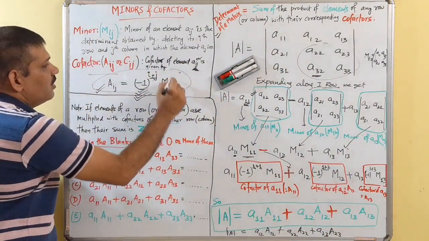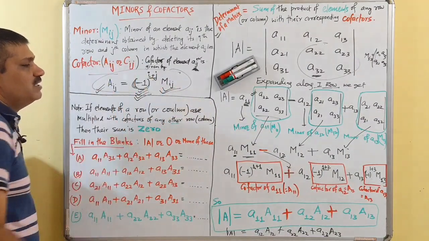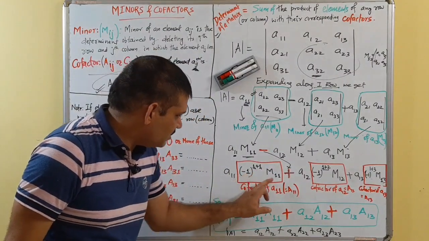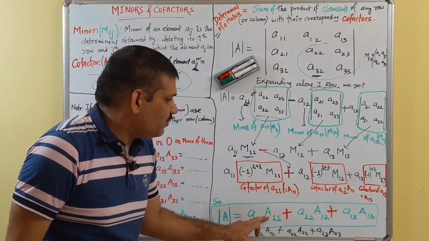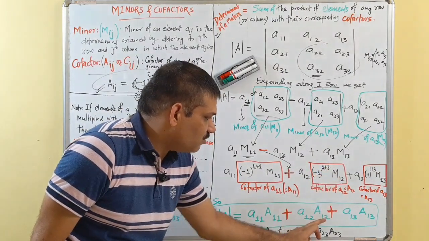What is a cofactor? If the minor of an element is multiplied by minus 1 raised to i plus j, then it is its cofactor. So M11 multiplied by minus 1 raised to 1 plus 1 is a cofactor, and M12 multiplied by minus 1 raised to 1 plus 2 is a cofactor.